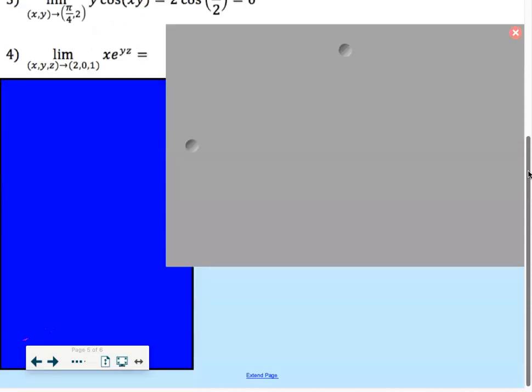All right. Whoa, 3 variables. Okay. So the limit as x, y, z approaches the ordered triple 2, 0, 1 on the graph x e to the y z. Just plug in the point.